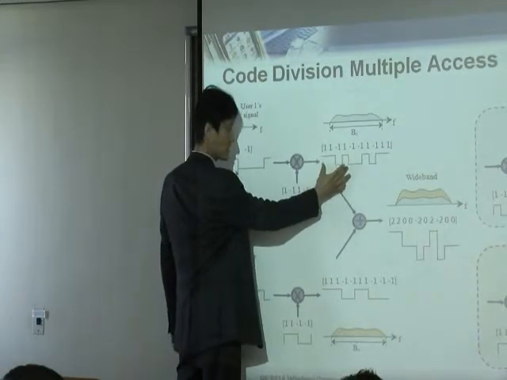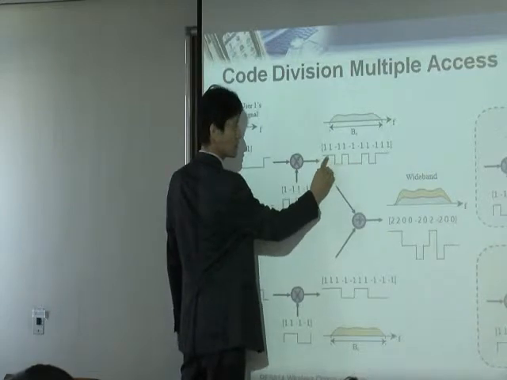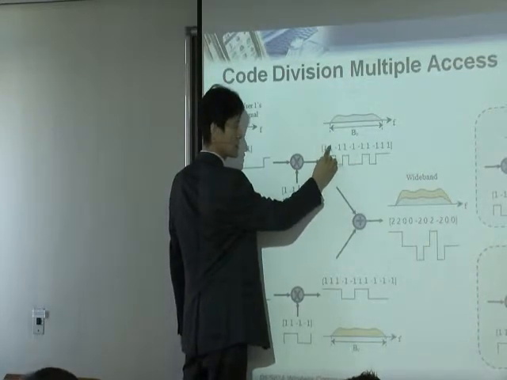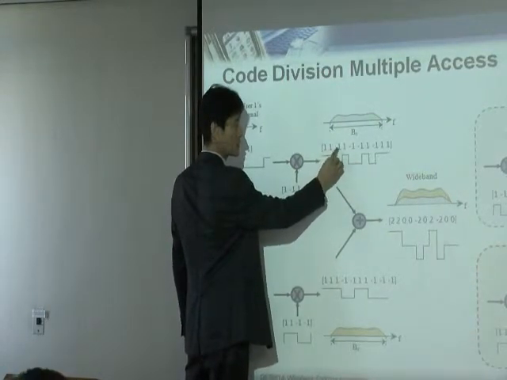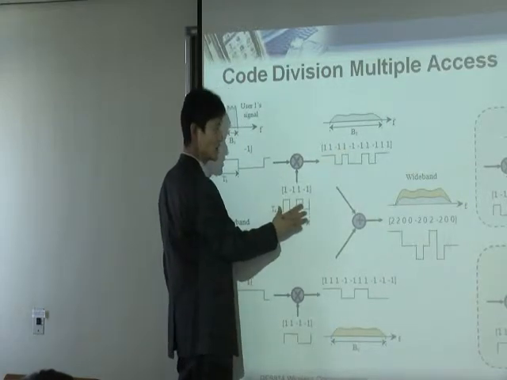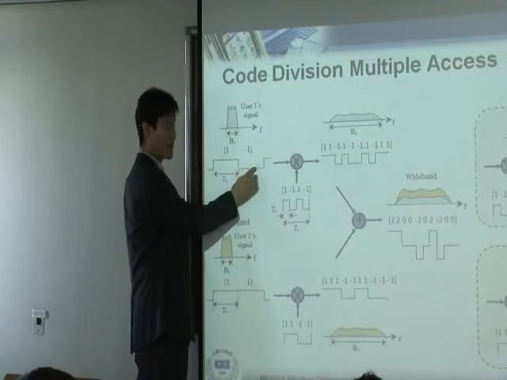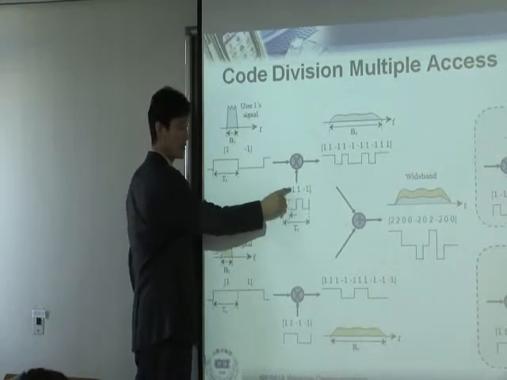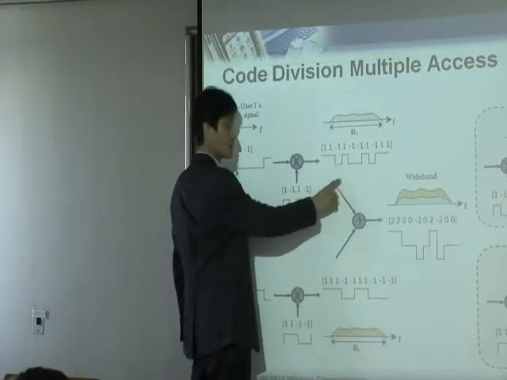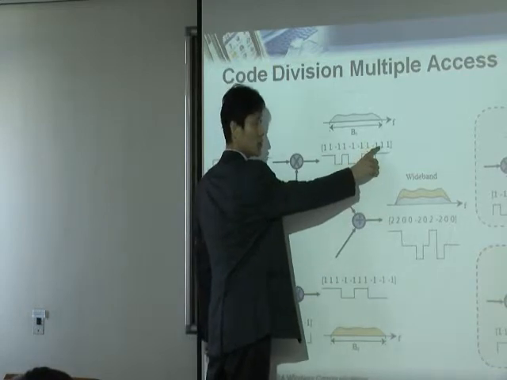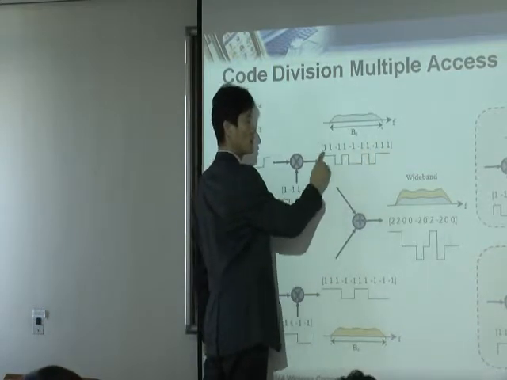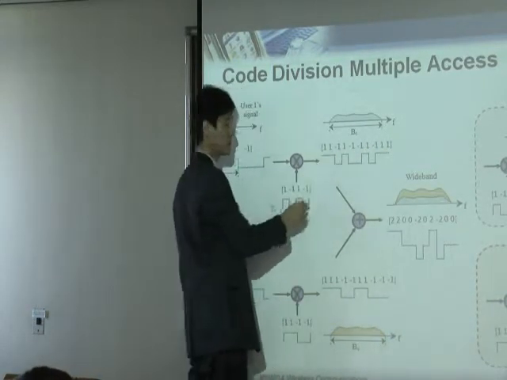Starting from the second bit, you multiply the code in the same way, but the second bit is minus 1, so each of them is reversed. So you get minus 1, 1, minus 1, 1.